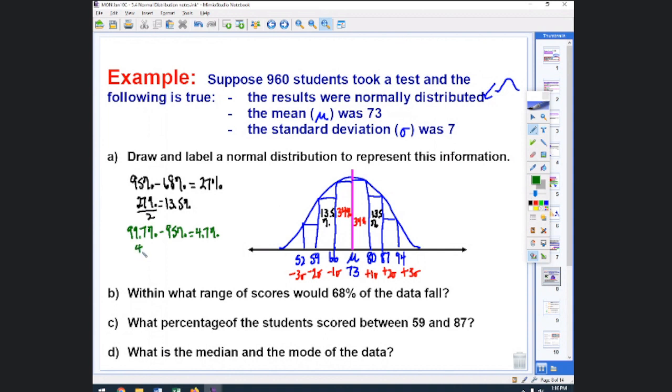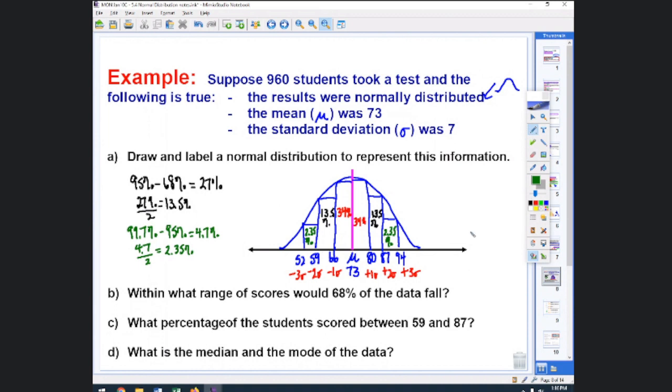So if I divide that by 2, because I have to share it, I get 2.35%. So 2.35, see if I can squeeze it in there. 2.35%. So there's my curve.